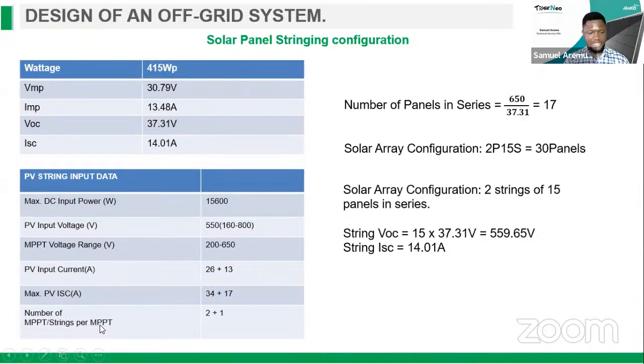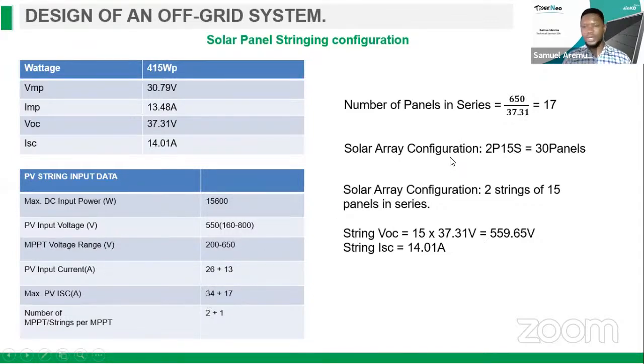Number of MPPT strings per MPPT: you have 2 by 1. That means you have 2 MPPTs in this inverter, but one of the MPPTs has 2 circuits. So you can connect 2 strings to the MPPT with two circuits and 1 string to the other. So for each string, you have 17 amps. But because this MPPT circuit can take 2, we have 34 amps, and also you have 17 amps.